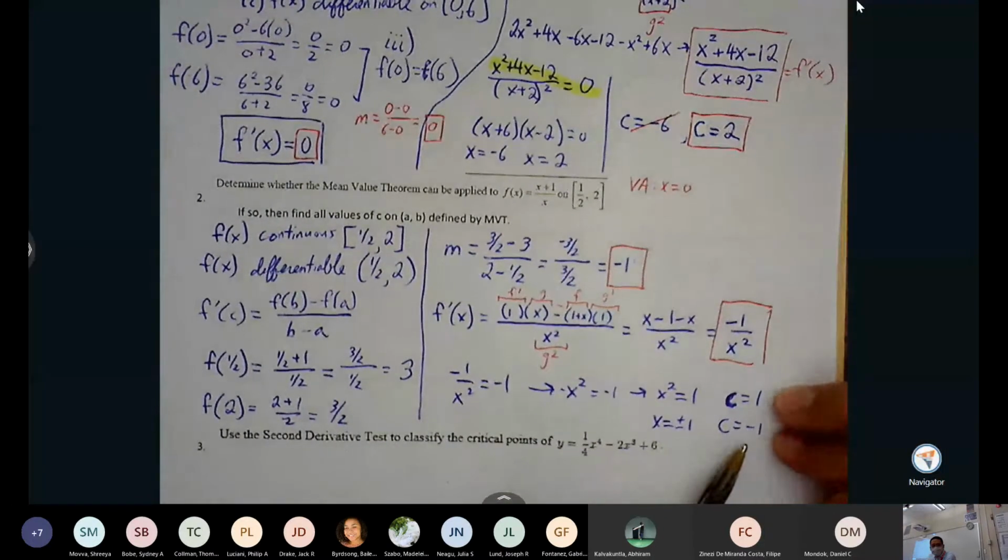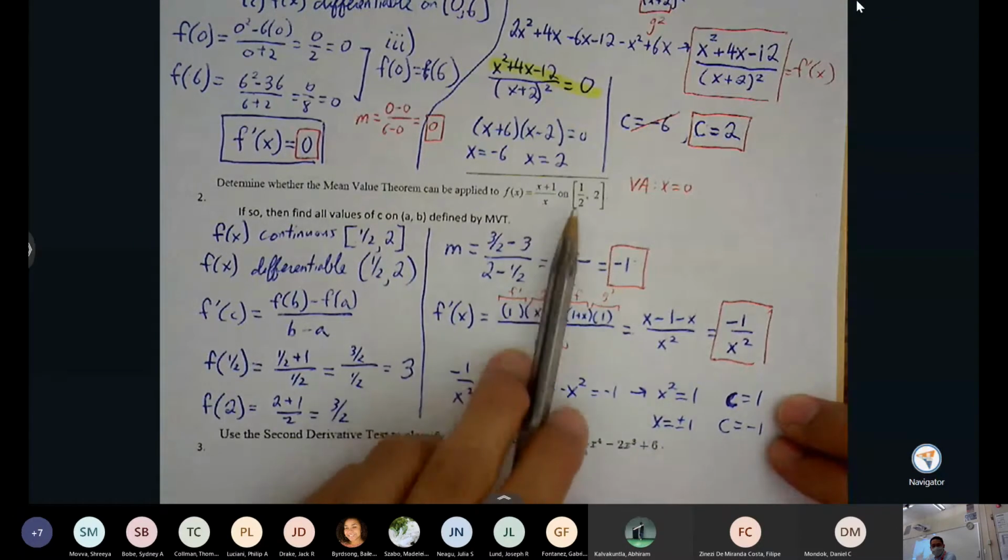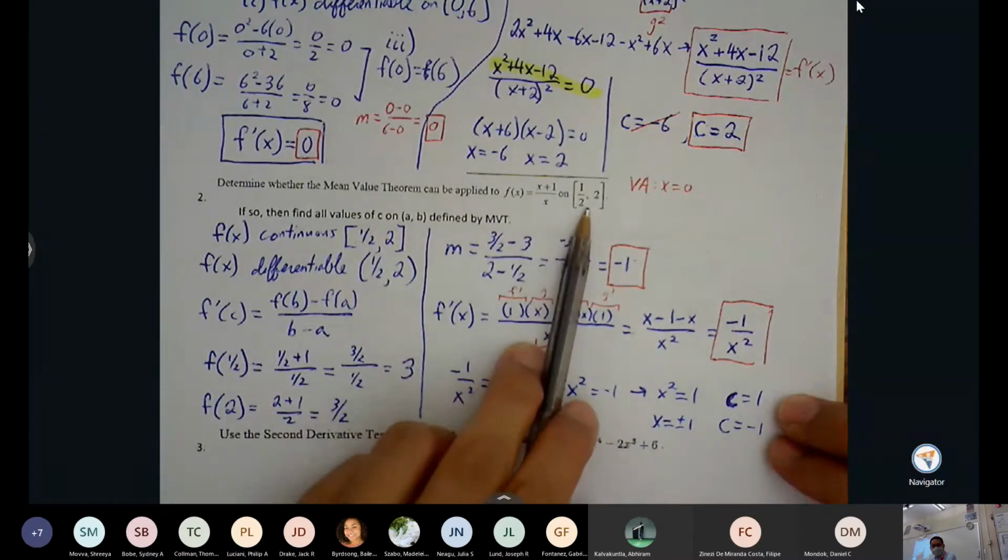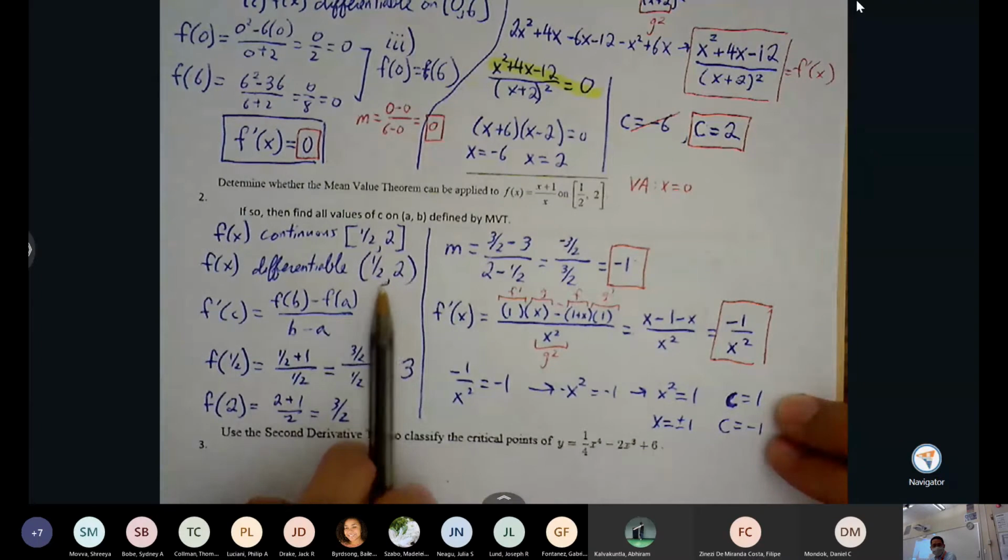Okay, we have our locations where there's a slope of -1, but we can only keep what is on the open interval. So -1 is out, right? Only 1 is going to fall inside 1/2 and 2.